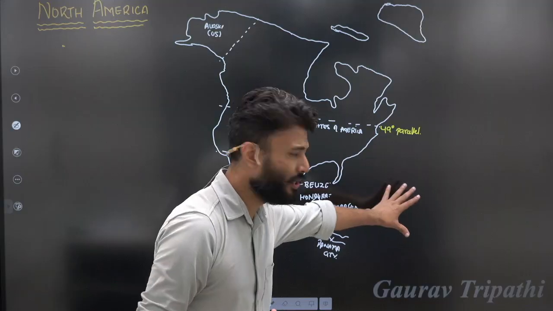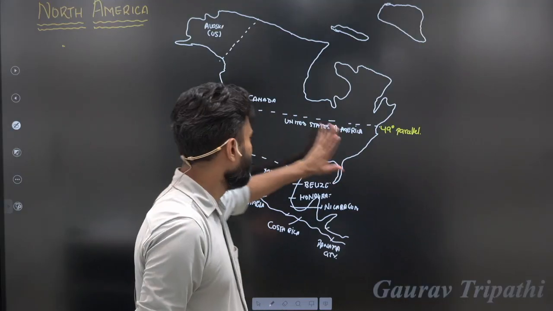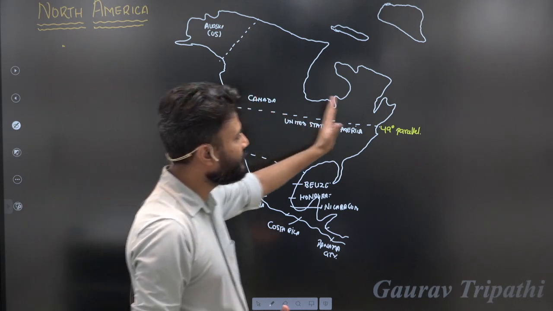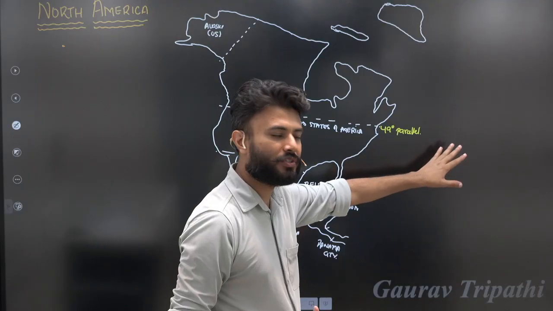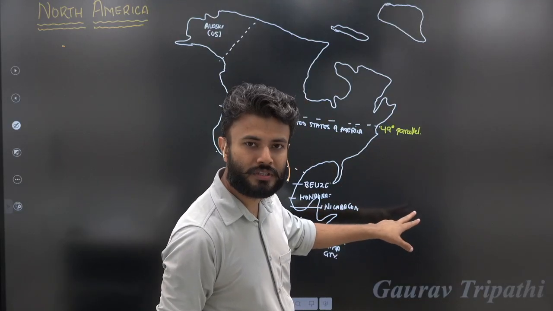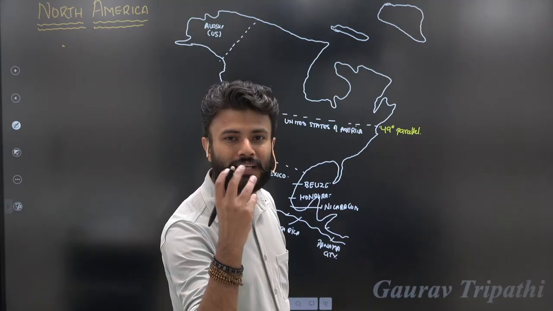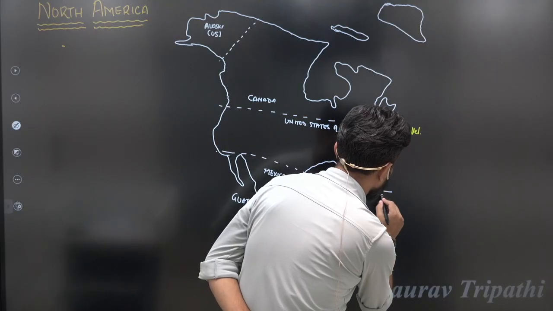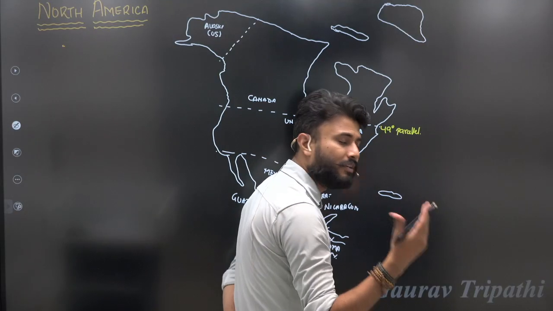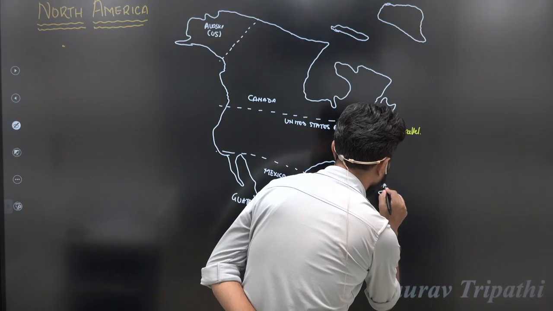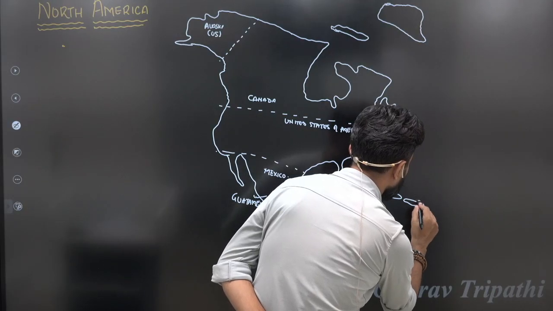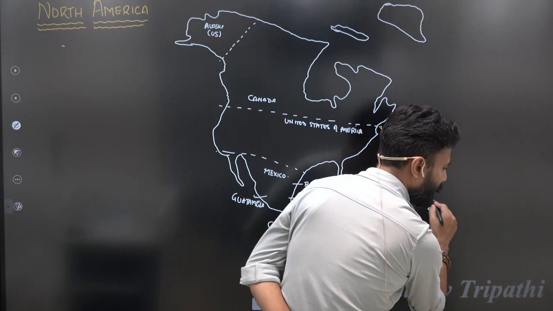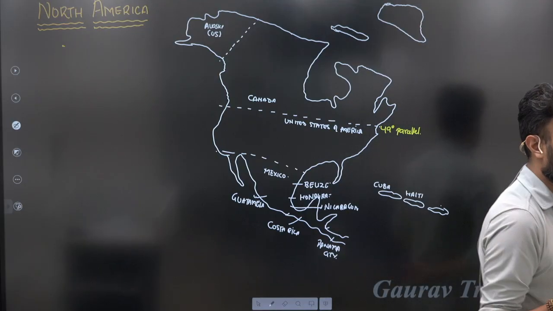When we move into the Atlantic Ocean, because the western part of North America is the Pacific Ocean and the eastern part of North America is Atlantic Ocean, which is the important region? So here we have some important islands, like one, we have Cuba, then we have Haiti, then we have Puerto Rico and Dominion Republic.